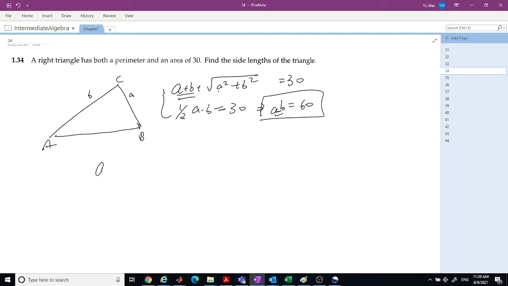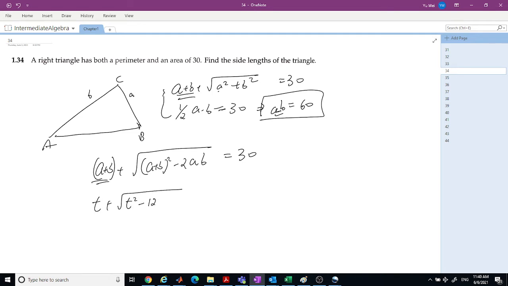Okay, so we see a plus b and ab, right? A strong hint is to take a plus b as a variable, then (a plus b) squared minus 2ab is equal to the hypotenuse squared. So now let's take t as a plus b. It's t plus the square root of t squared minus 120 is equal to 30.